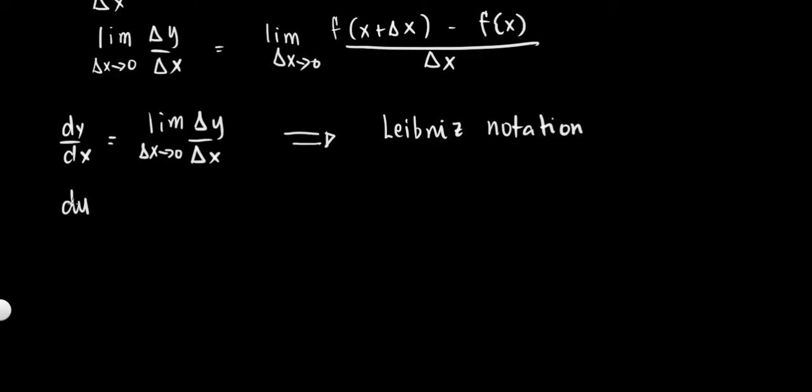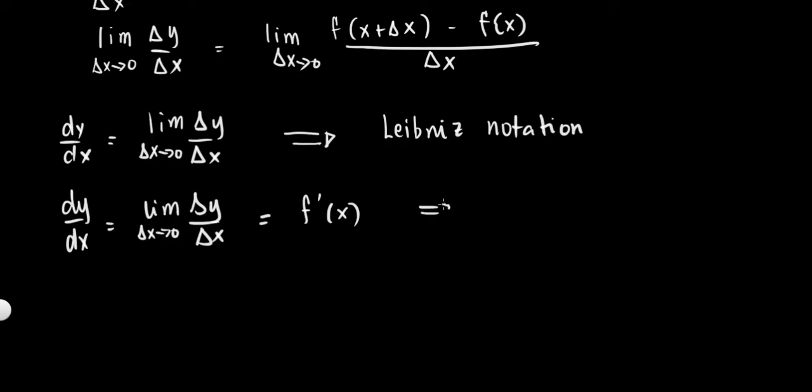So from dy over dx equals the limit of delta y over delta x as delta x approaches 0 is also equal to f prime of x, or we can also write y prime. So we use this one, f prime of x, and this is introduced by Lagrange. Lagrange also coined the term derivative.